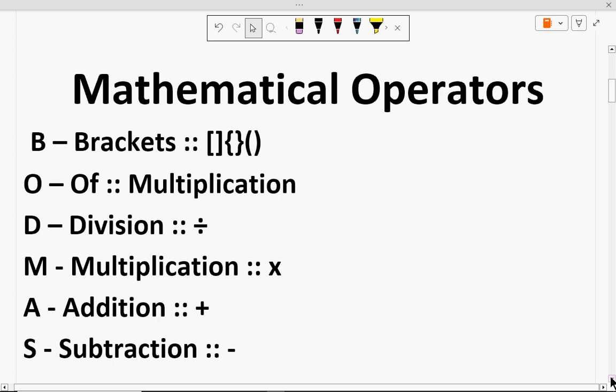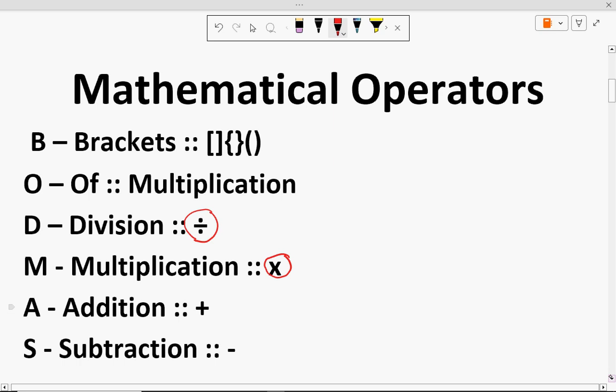O stands for of. It is a multiplication operation that it supports. D is for division, and its symbol is the division symbol, as you can see here. Whereas M stands for multiplication, and the symbol or sign or operator used for this is cross.